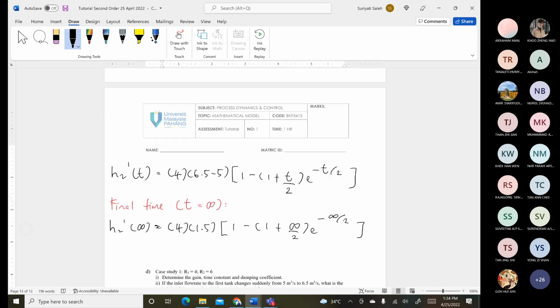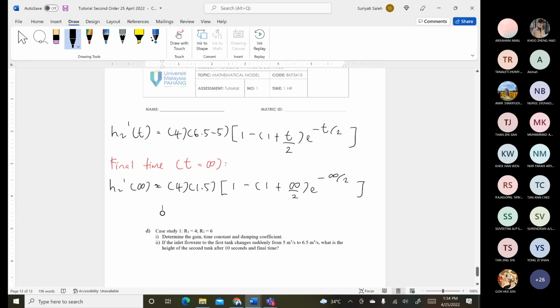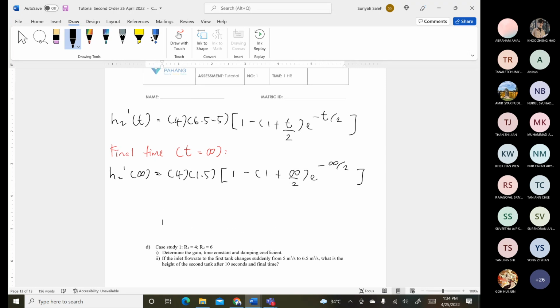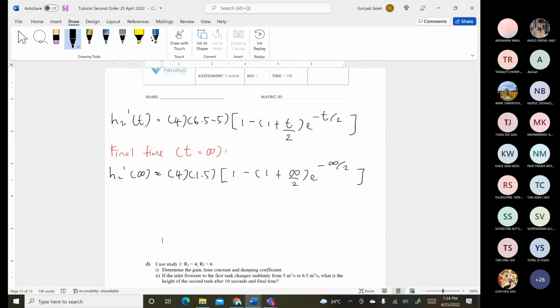So this is the value substitution. So what is the answer on the right hand side? It will be 6.